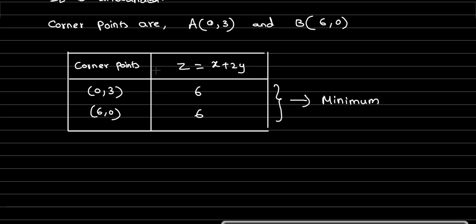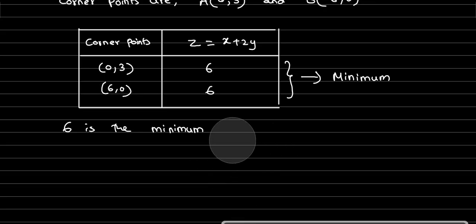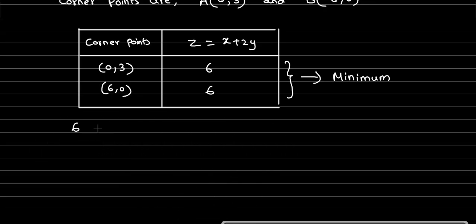Since they're asking for the minimum, we have to consider the minimum only. So 6 is the minimum, but we are getting it at two points. Oh sorry, it's unbounded, so 6 may or may not be the minimum value of z.